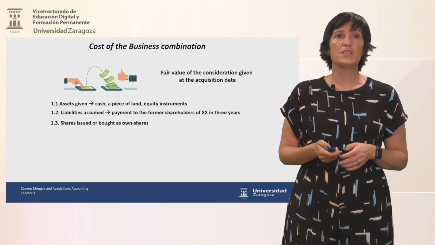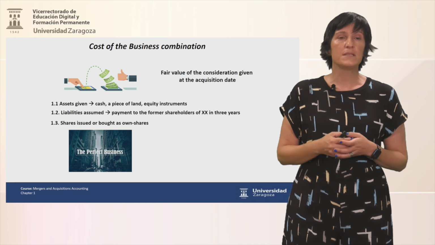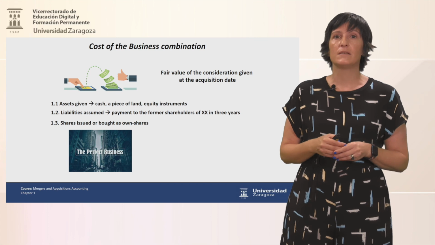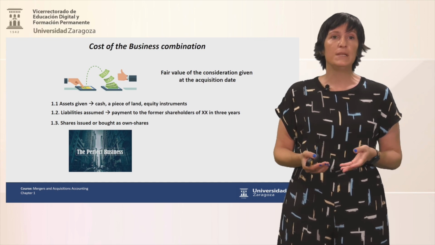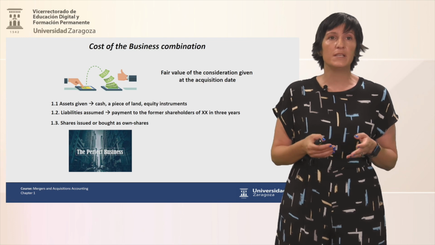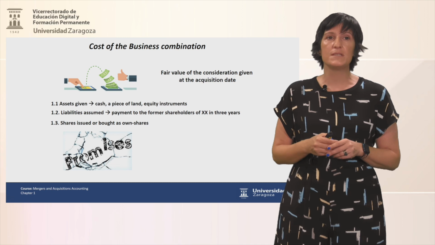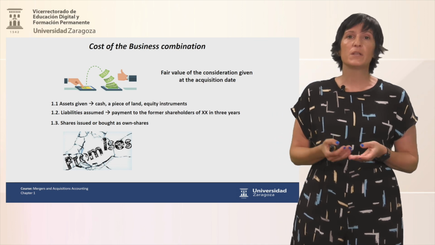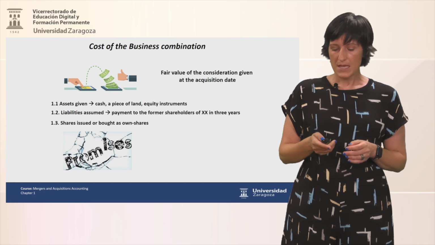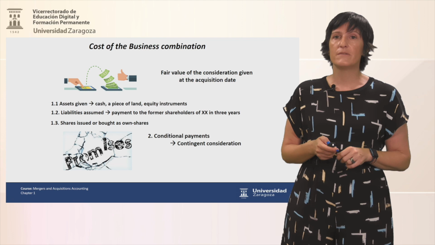In addition to these three elements that we pay, considering that the business or the company that we have bought is perfect, that the profitability and the performance of the company is going to be the one that we negotiated, we need to consider that sometimes these promises get broken. So what we can establish to guarantee what we were promised is a contingent payment, what we call contingent consideration.